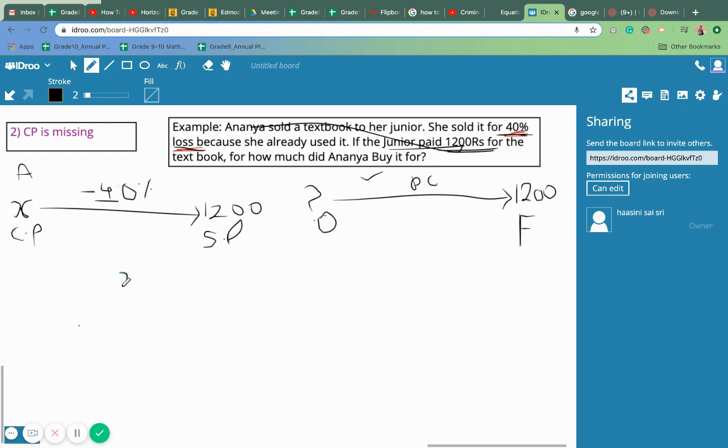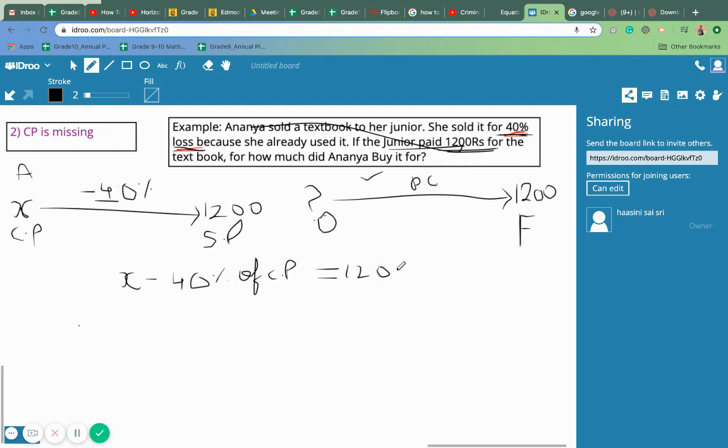I'm going to write my X. If I'm taking my cost price and I'm going to subtract the loss percentage minus 40%, and this 40% is going to come from the cost price itself. After doing all of this, the final amount is always the selling price. The selling price is 1200.